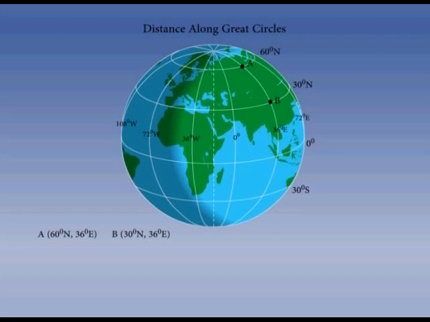Considering that the angles are measured from the equator, the angle between A and B, that is angle AOB, is 60 minus 30, which gives us 30 degrees. So the length of arc AB is given by 30 over 360 times 2 times pi times 6,370, which gives us 3,336.67 kilometers.